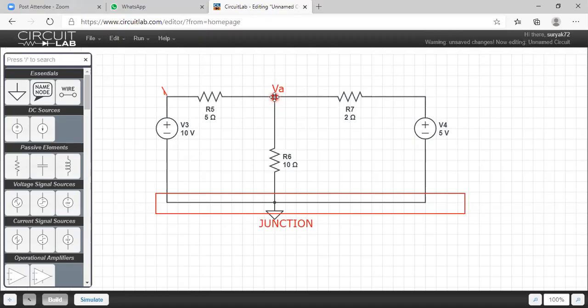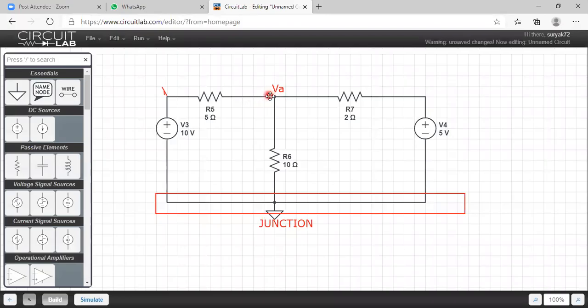Then coming to point number four, assign branch currents. A branch is between two junctions, so the branch current will be between two junctions. How many branch currents will come here?